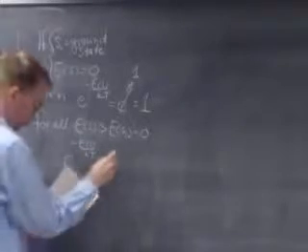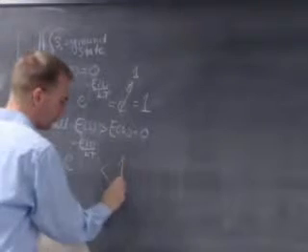So we have e to some negative number, which means it's less than 1.